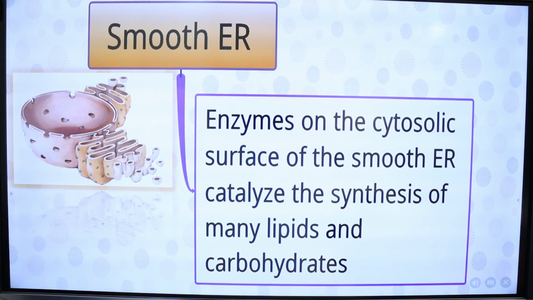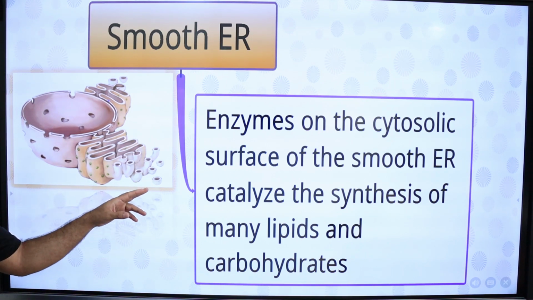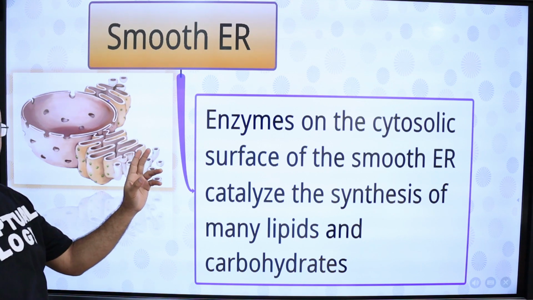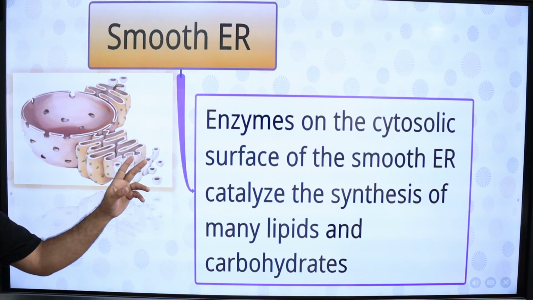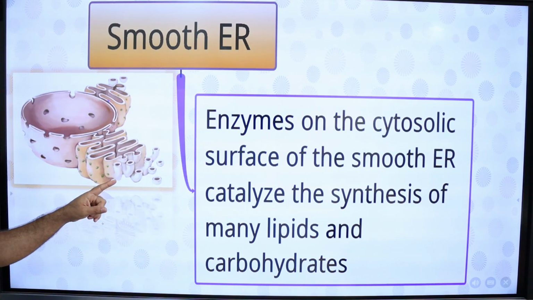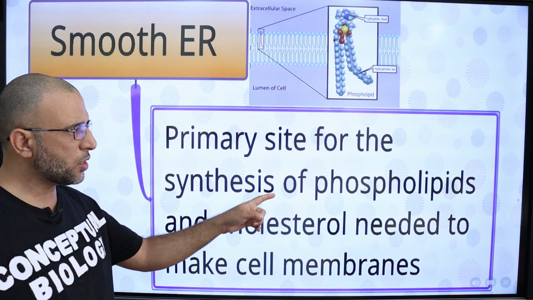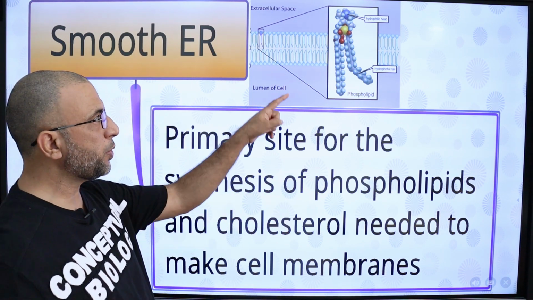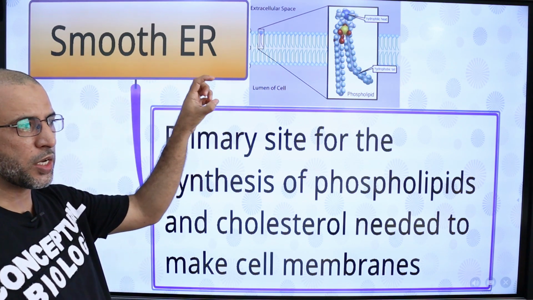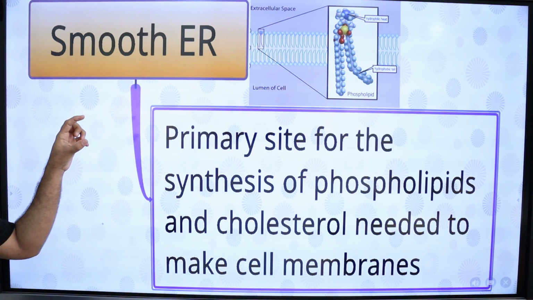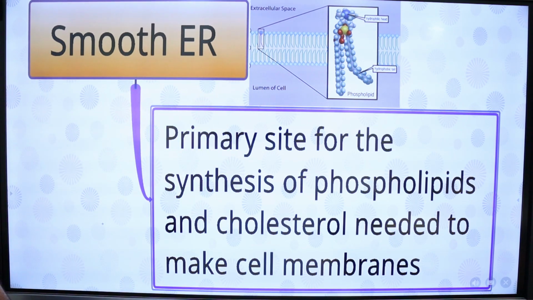So the enzymes on the cytosolic surface of smooth endoplasmic reticulum are involved in the synthesis of lipids and carbohydrates. Smooth endoplasmic reticulum is the primary site for the synthesis of phospholipid, and phospholipid is one of the important structural components in the biological membrane, and it is also involved in the synthesis of cholesterol.